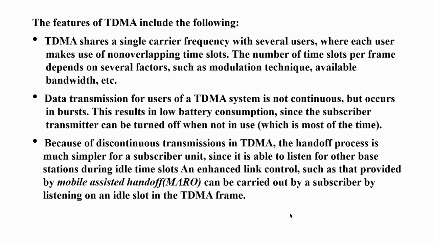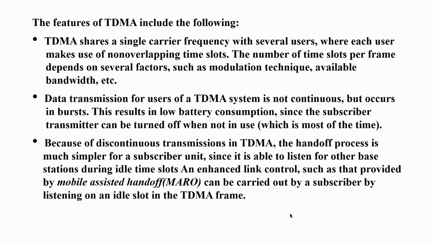The data transmission in TDMA is not continuous, because it transmits the data in bursts. So it results in low battery consumption, which is an advantage of TDMA over FDMA. Because of the discontinuous transmission in TDMA, the handoff process is much simpler for a subscriber unit, since it is able to listen for the base stations during the idle time slots. So that makes handoff easy in a TDMA system.